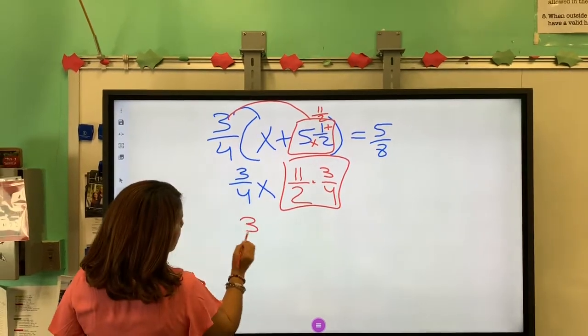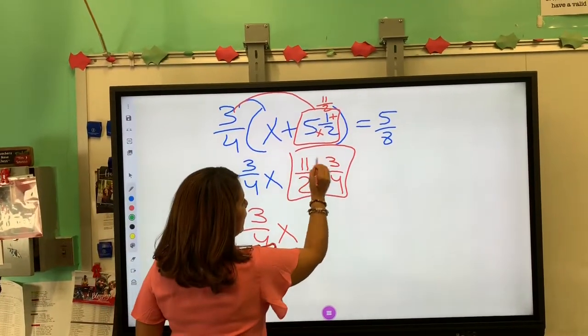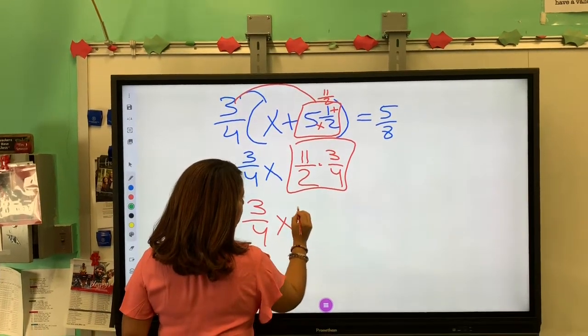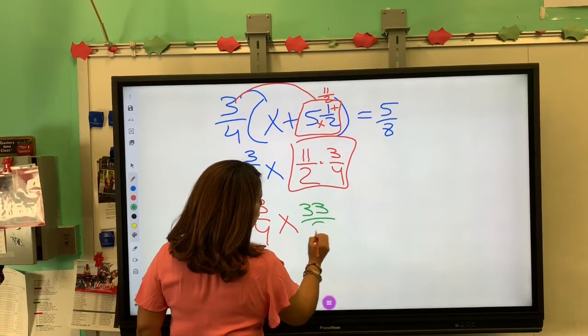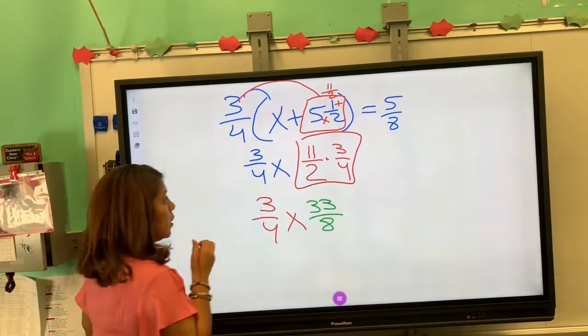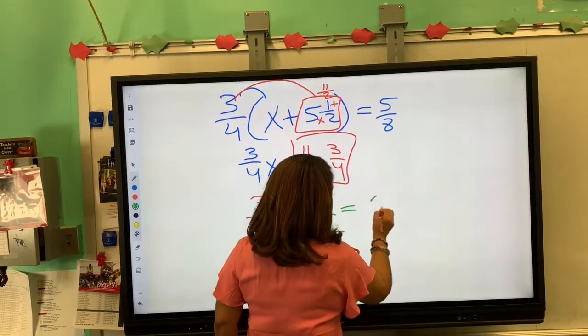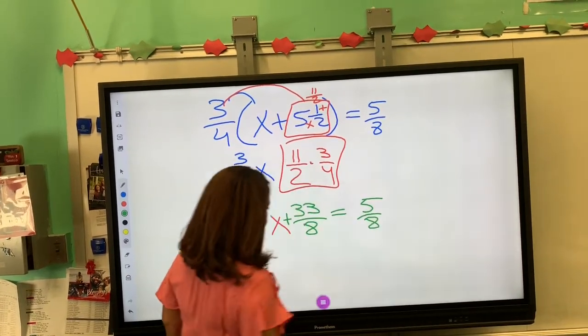So now I'm going to bring this back, 3/4 times 11 times 3, that's going to give me 33 over 8. Is that right? So now, this is going to give me my plus equals to my 5/8.